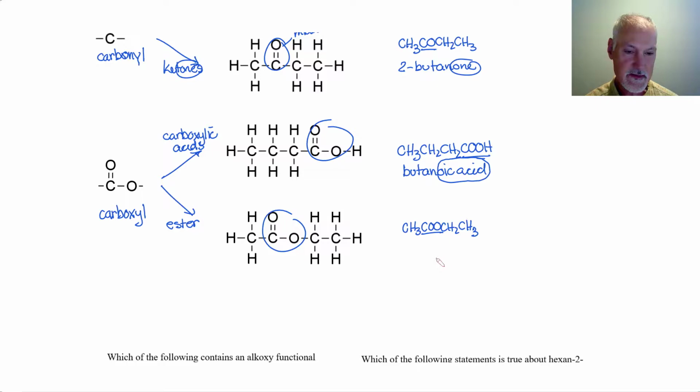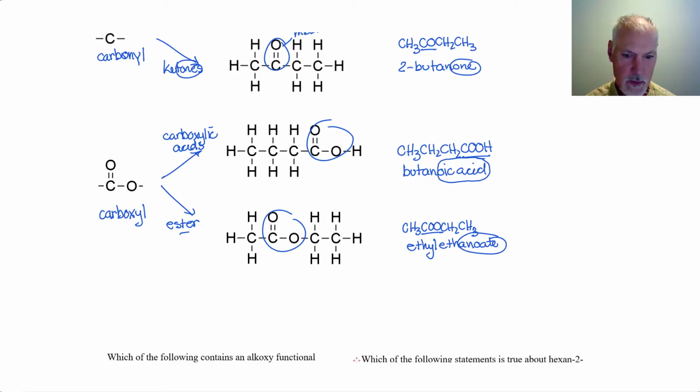So that's what I'm looking for, that COO combination in the middle of the chain as opposed to the end. And naming this particular molecule, it would be called ethyl ethanoate. So what I'm looking for is this anoate at the end as my key to understanding that it's an ester.